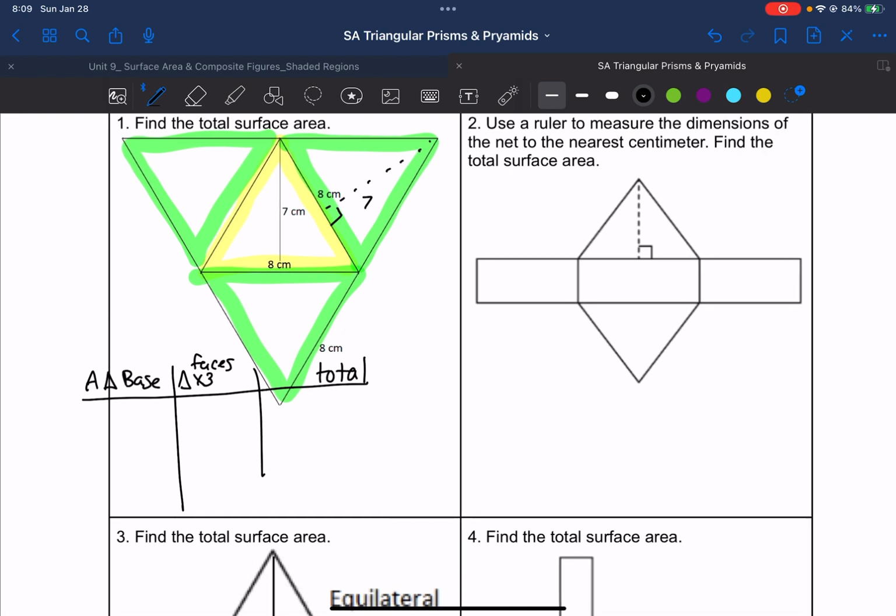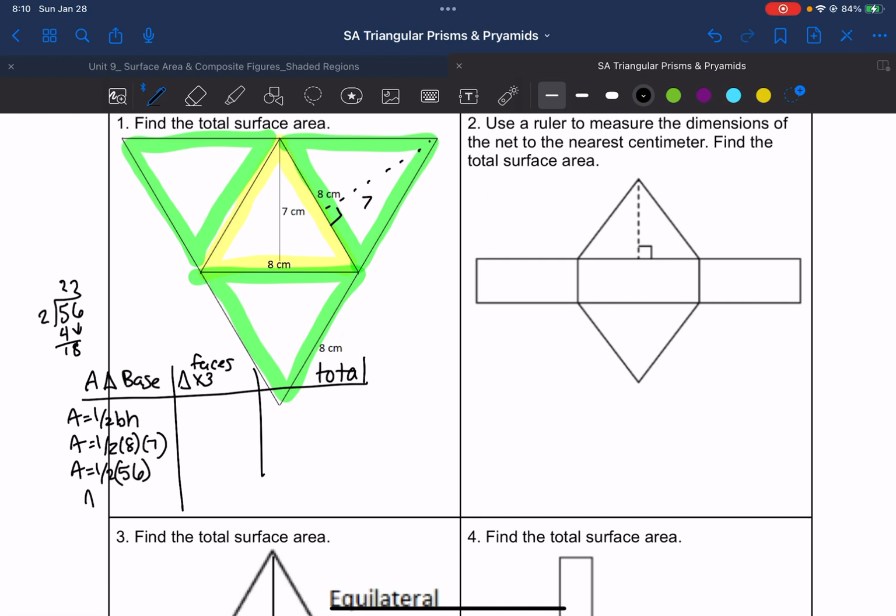So the area of the triangle base: area is equal to 1/2 base times height. 1/2, the base is 8 and the height is 7. I know that 8 times 7 is 56. And then all I have to do is find half of 56, which is 28. So area is equal to 28 centimeters squared.